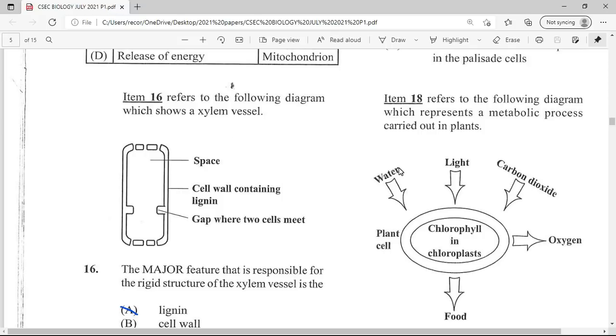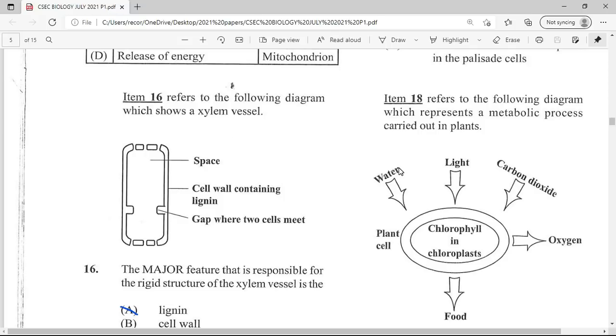Now we're seeing chlorophyll in the chloroplast, which is trapping that light energy, and we're seeing oxygen being given off. Photosynthesis will, of course, give us some oxygen, and it will give us food. What food is given off during photosynthesis? Of course, it is glucose.